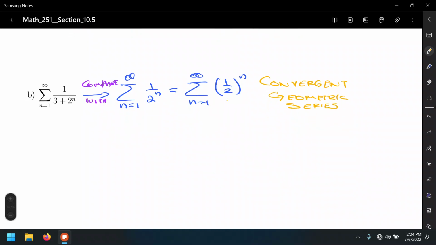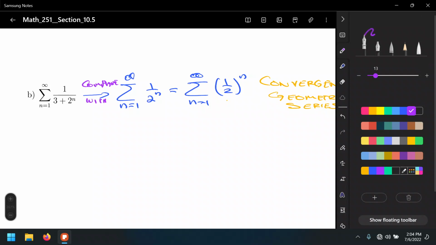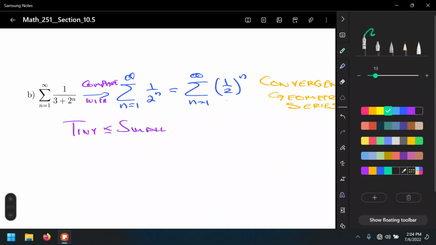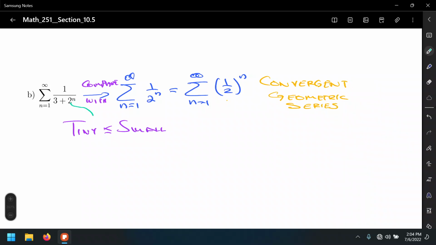Because we are comparing with a convergent series, we have to show that tiny is less than or equal to small, where the tiny is our original problem and the small is the test series that we use.